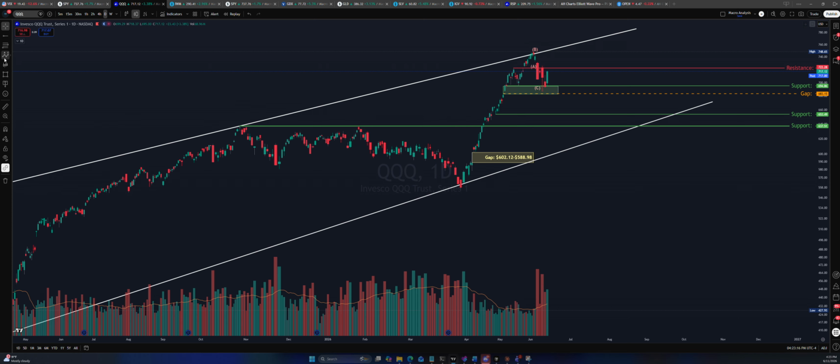I would rather see even on QQQ a bigger pullback, which is not happening. Give me a sec. This is where I would have rather seen it. You can see this. So this is still possible.